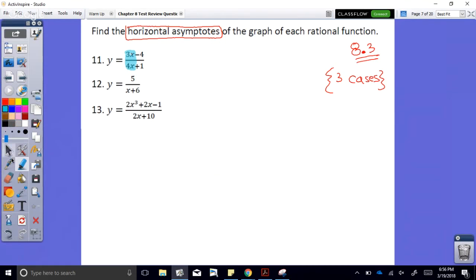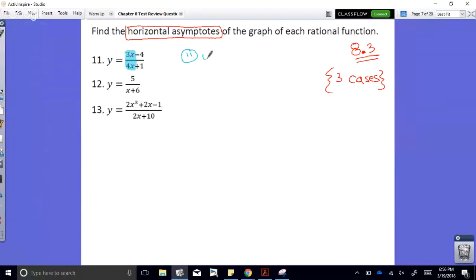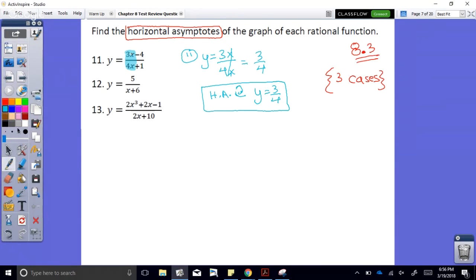So for the first one, number 11, you're going to pretend that this is y equals 3x over 4x. And you're going to reduce. The x's cancel and you get 3/4. If all your x's cancel, then we have a horizontal asymptote at y equals whatever number you're left with. So in this case, y equals 3/4.